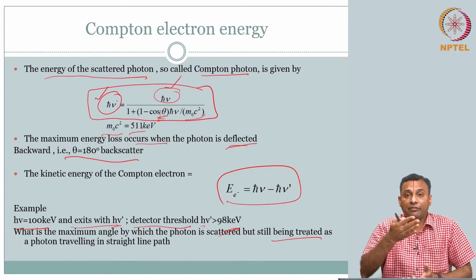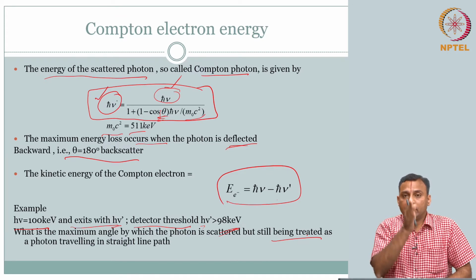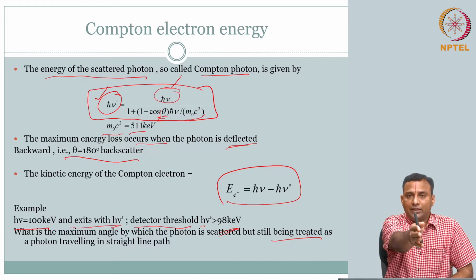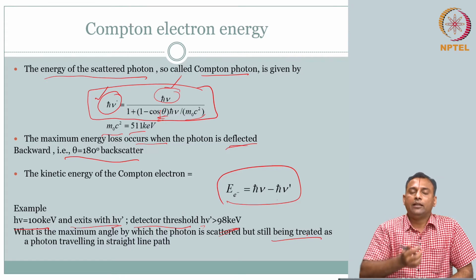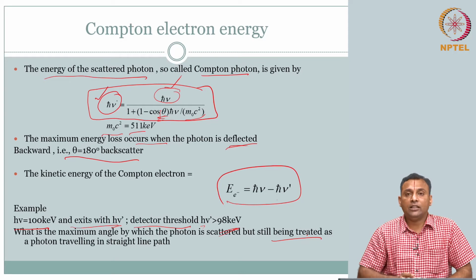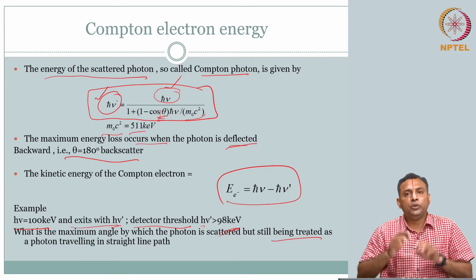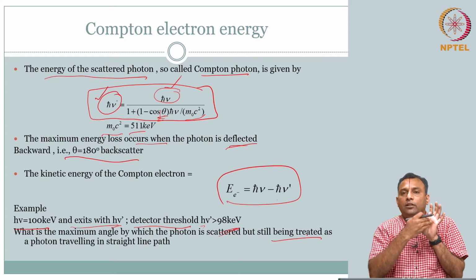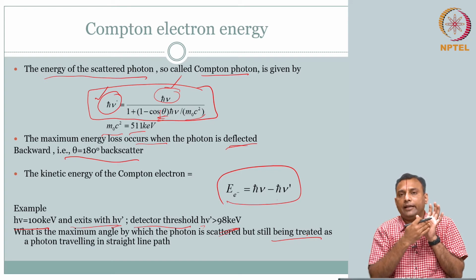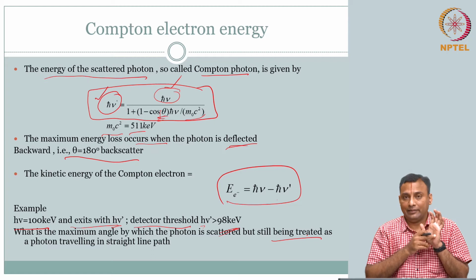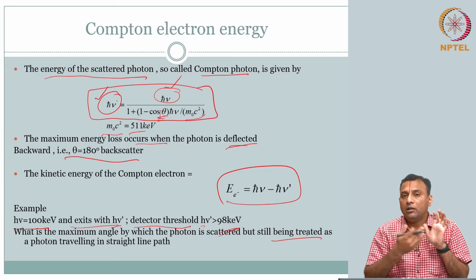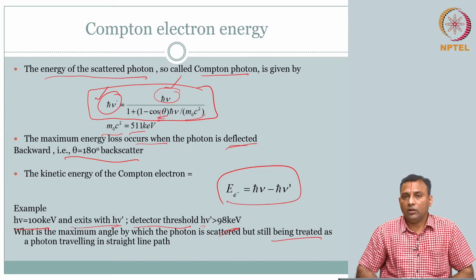So, essentially, straight line path is 0 degree. Even if it is deflected by, in this case, about 26.4 degrees, you will still be able to catch the photon in the detector when it is coming through. So, you can say that it came through the straight line. Anything greater than that probably is not going to be helpful from your signal detection point of view. Okay.